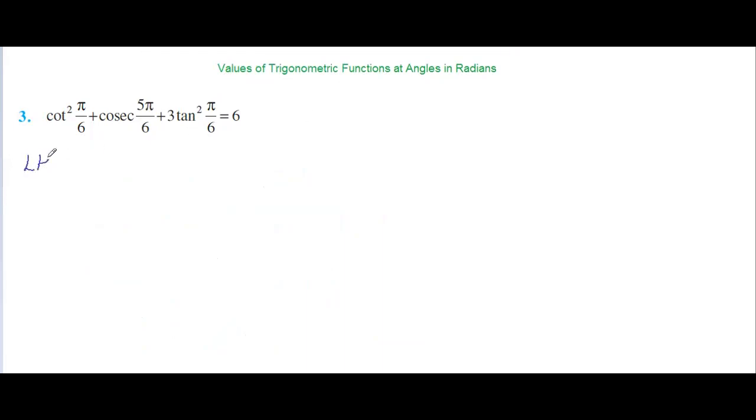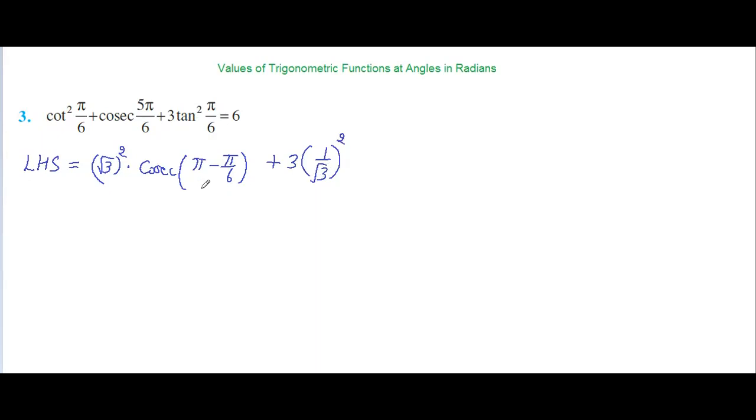Here left hand side is equal to cot pi by 6, means cot 30 degree. Cot 30 degree is root 3. So it is square of root 3. Cosec 5 pi by 6, we can write it as cosec of pi minus pi by 6, plus 3 times tan pi by 6, which is 1 by root 3, tan 30 degree actually.